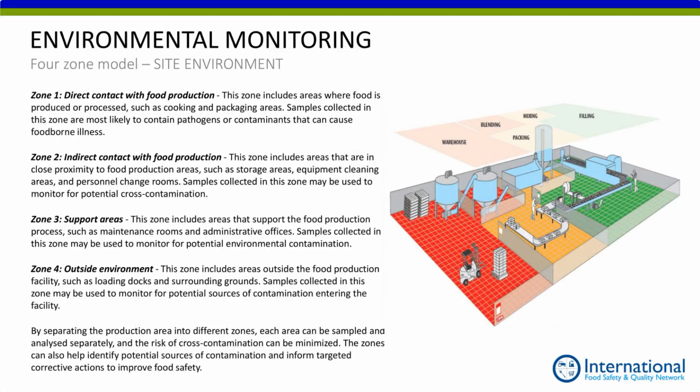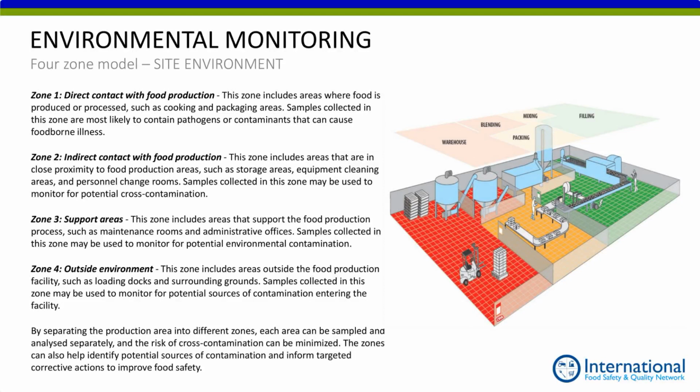And then you have zone 2. This is indirect contact with food production. So this zone includes areas that are in close proximity to food production areas, such as storage areas, equipment cleaning areas, personal change rooms. So samples collected in this zone may be used to monitor for potential cross-contamination.